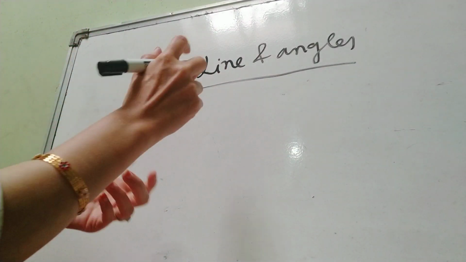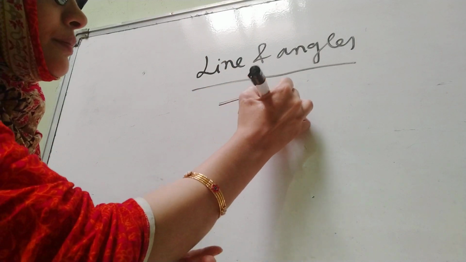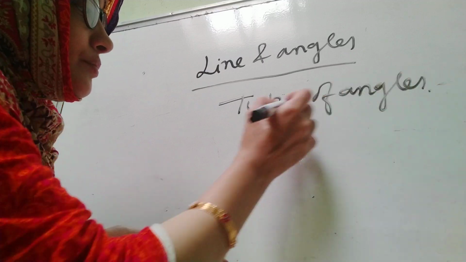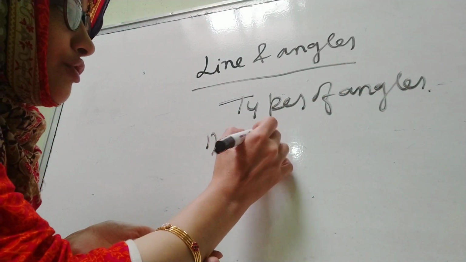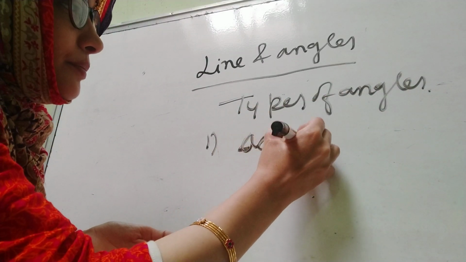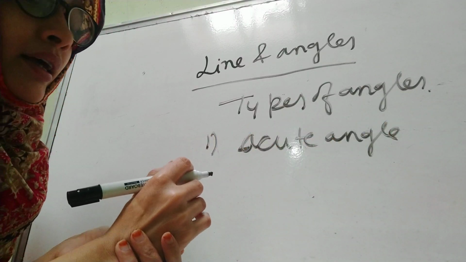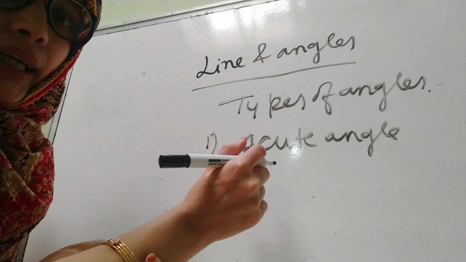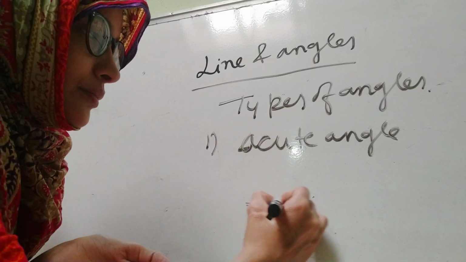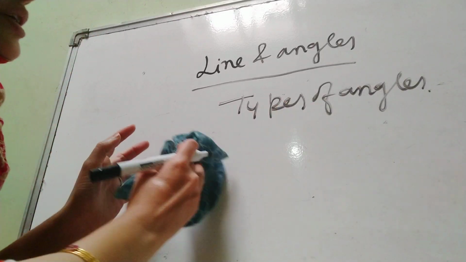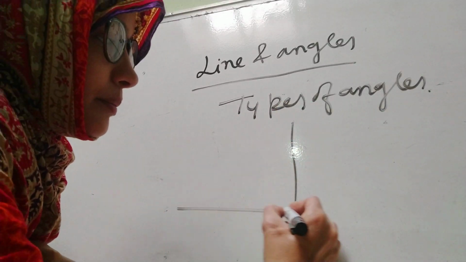Now the types of angles are: first one is acute angle. If the angle's value is less than 90, then it is known as an acute angle. Let me make you understand with this coordinate axis.